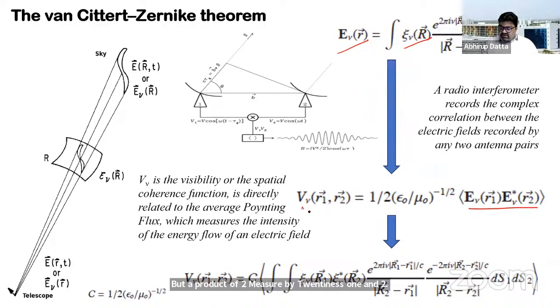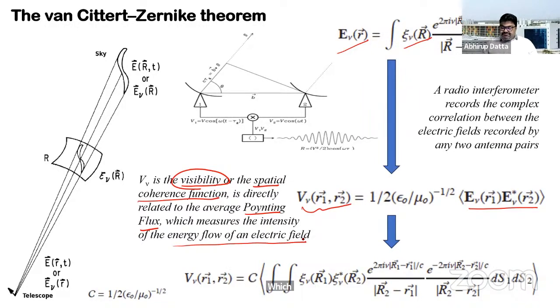This is called the visibility function, which is something like a spatial coherence function and is directly related to the average Poynting flux, which measures the intensity of the energy flow of an electric field. And this gives you the proportionality constant, half epsilon 0 mu 0 there.